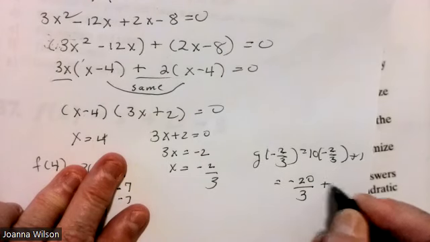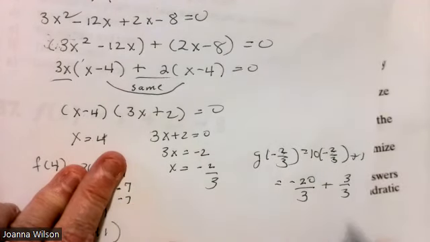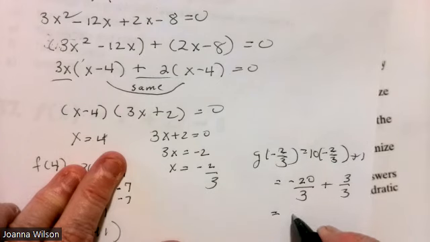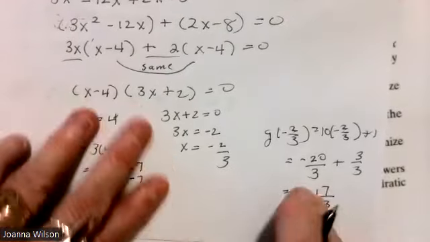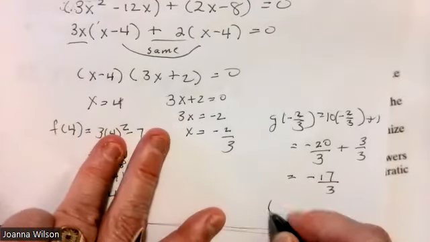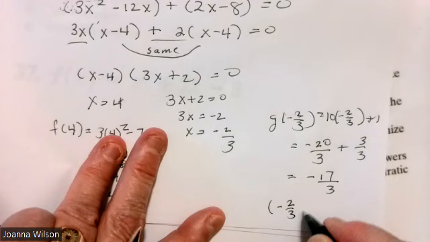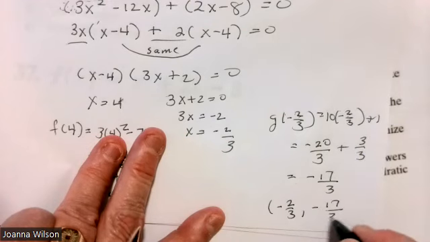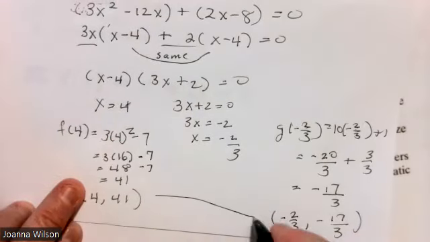And I'm adding 1, and 1 is 3/3. Getting the same denominator, and so that gives me a -17/3. So the other point is (-2/3, -17/3). So you really answered the question.